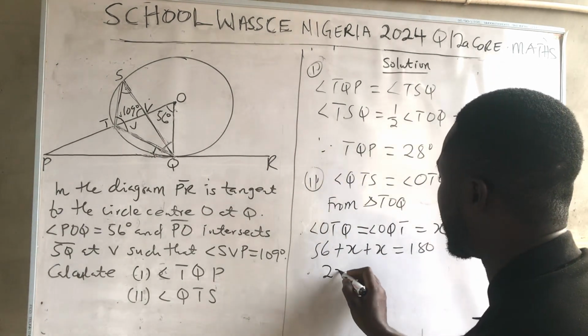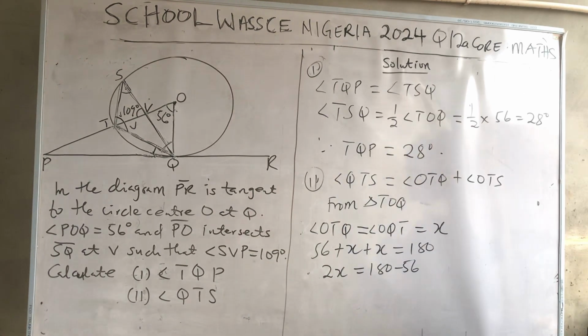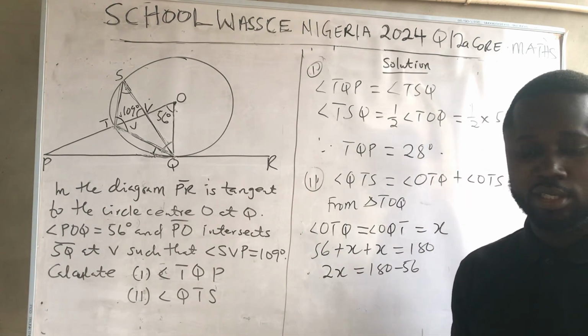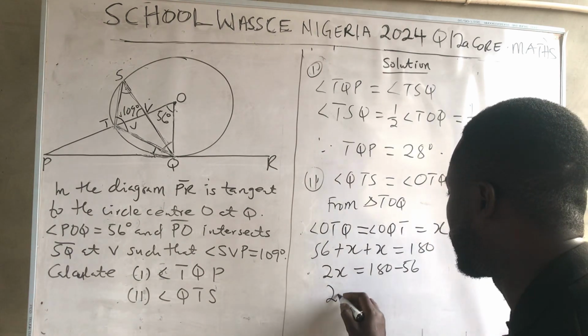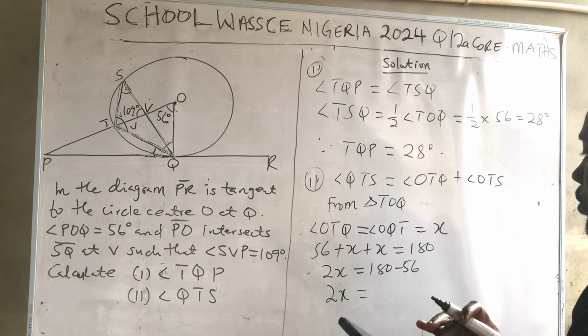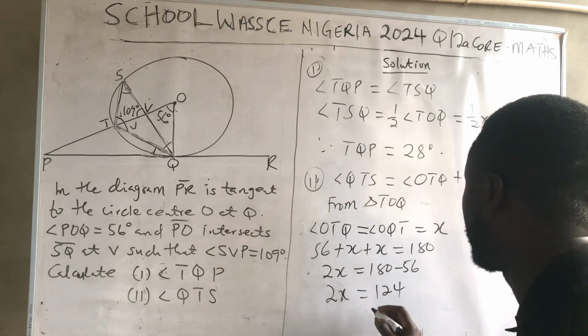So we have 2x equal to 180 minus 56. Let's come to our calculator. 180 minus 56 will give us 124.